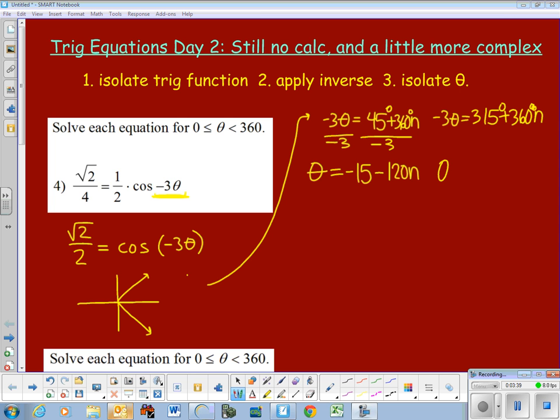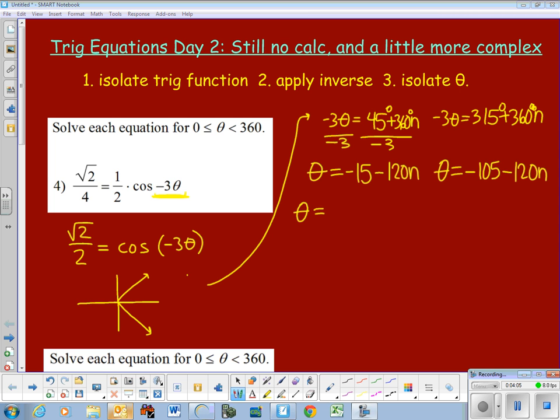Over here I get theta equals, let's see, 315 divided by negative 3, that would be negative 105 minus 120n. All right. At this point, I let n be integer values that will make final answers between 0 and 360.